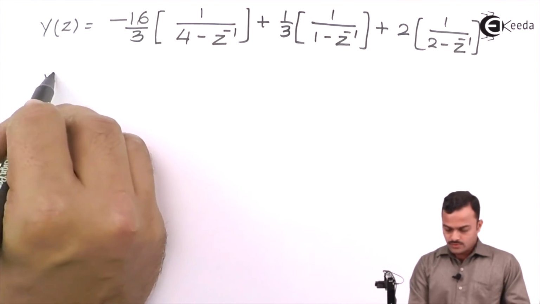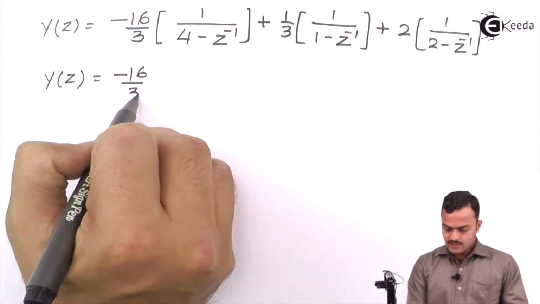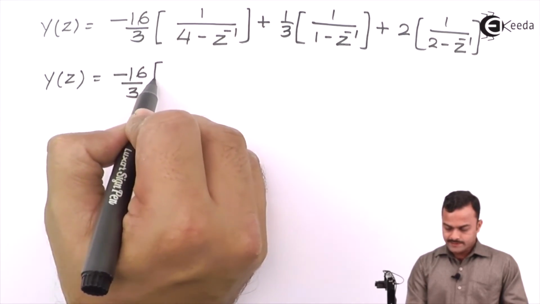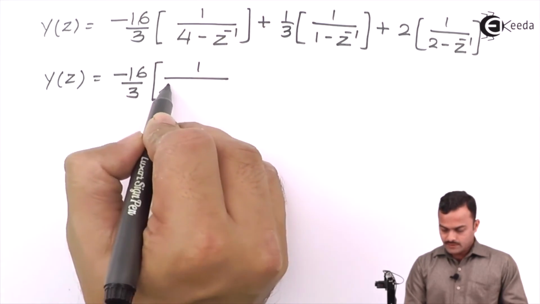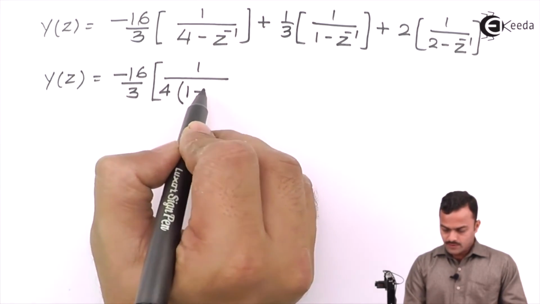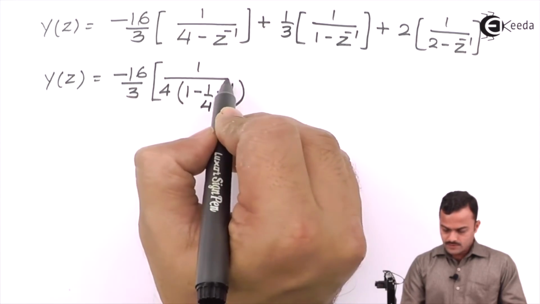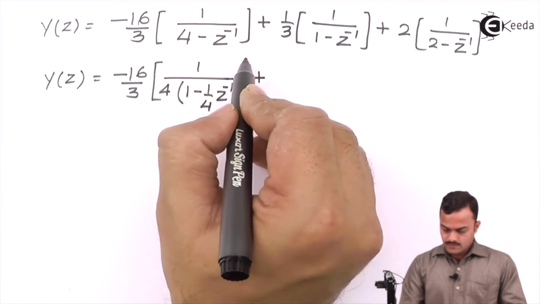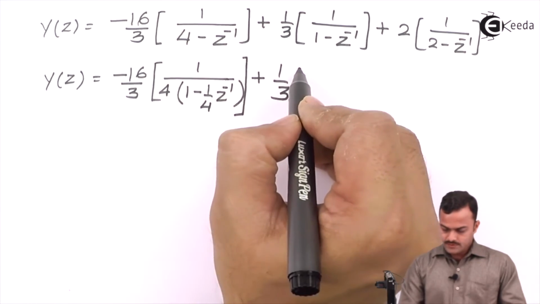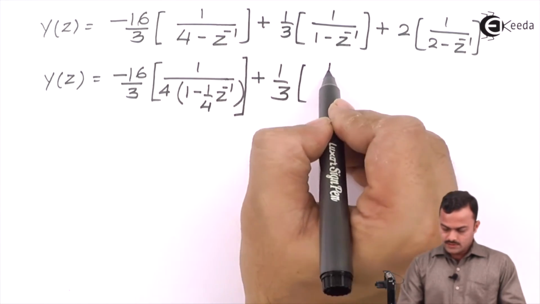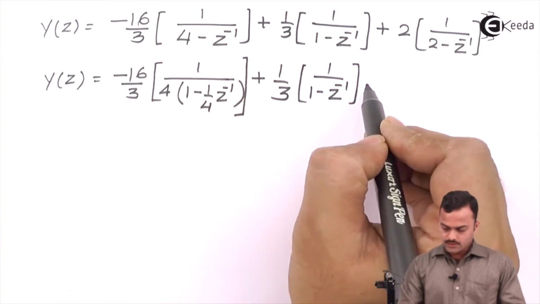You are almost on the verge of getting the final answer, except you need to adjust the first term in the denominator of each term. Meaning I will take a 4 common, I will get 1 minus 1 by 4 z inverse. The second term 1 by 3 is already in a perfect form, no need to do anything.